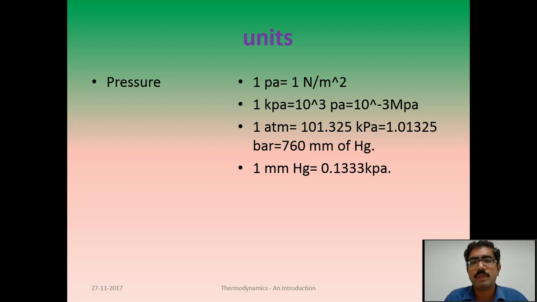So 1 Pascal equal to 1 Newton per meter square, 1 kilopascal equal to 10 power 3 Pascal. Sometimes the problem is given in terms of atmosphere also. So 1 atmosphere equal to 101.325 kilopascal. Then this kilopascal we can convert to bar also, that is 1.01325 bar.